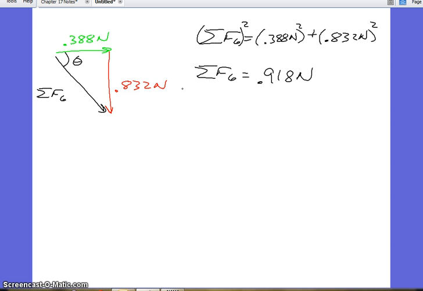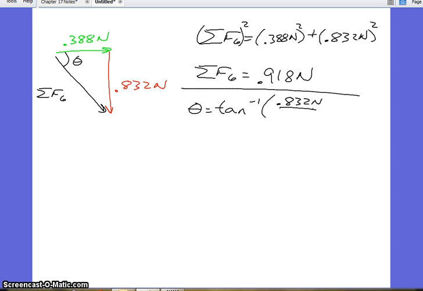But we also need an angle, and so to get the angle, again, we'll use our inverse tangent. To get angles, use inverse functions. And we'll use the inverse tangent, so it's opposite, 0.832, divided by the adjacent, the side touching it, 0.388. And that gives us an angle of 65 degrees.